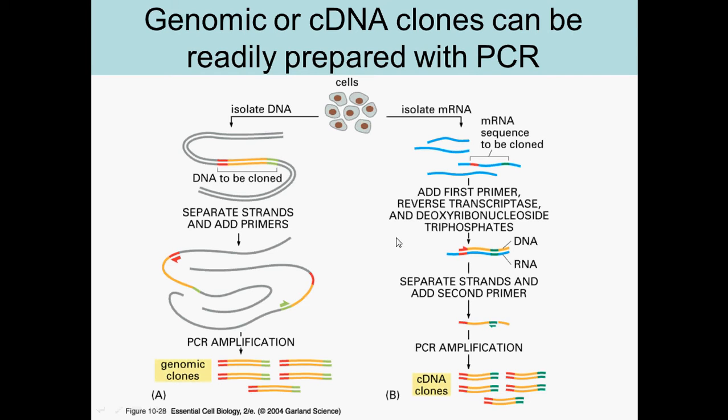To get the cDNA, you use reverse transcriptase. You put the primers in, they'll anneal to the RNA, and then reverse transcriptase will make a DNA. Take that DNA, and then you just run a PCR reaction with that.